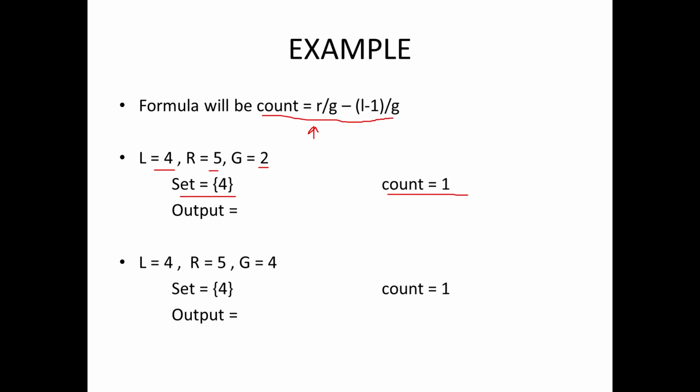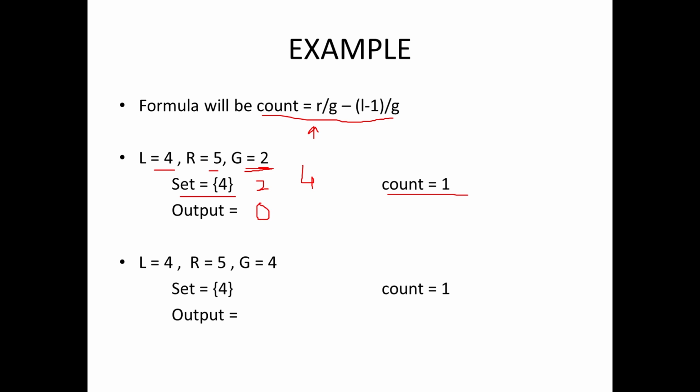But as specified in the problem statement, G must be the greatest number dividing each element present in the set. Here 2 divides 4, no problem, but the greatest number dividing each number in the set is 4. So the output we need to print here is 0, not 1.